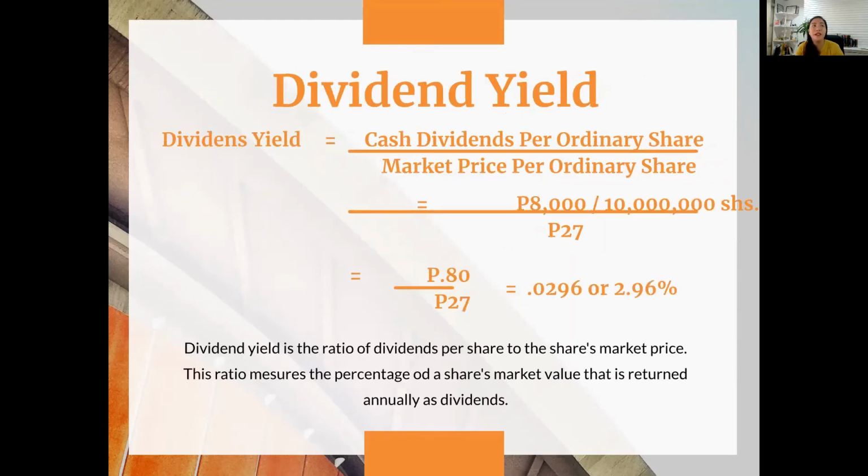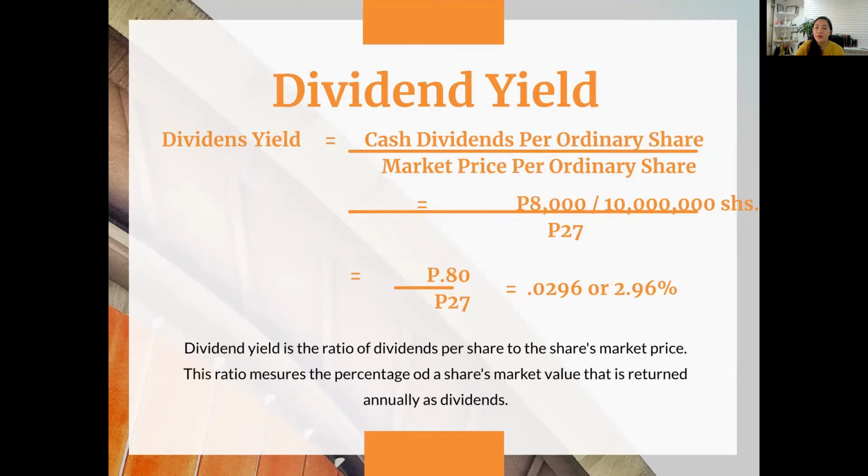Okay, dividend yield. Dividend yield is cash dividends per ordinary share over market price per ordinary share. For example here, there are 10 million shares and 8,000 dividends declared, and the market price per ordinary share is 27 pesos.